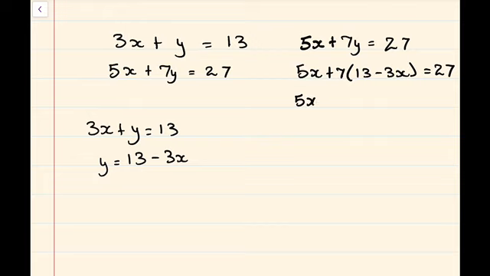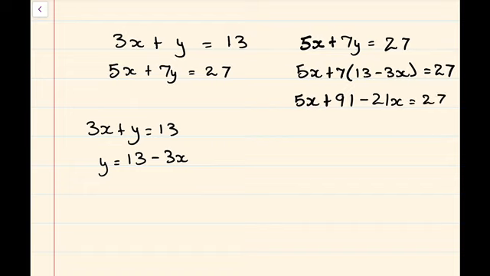So 5x plus 7 times 13, let me just put that in the calculator, is equal to 91. And minus 3x times 7 is minus 21x, and that's going to equal 27.